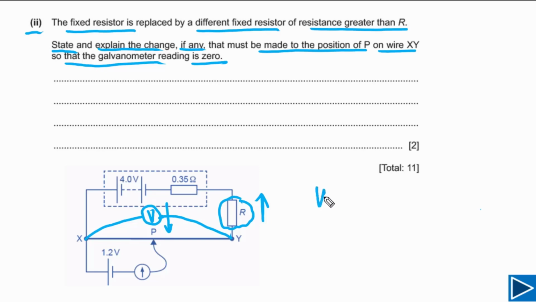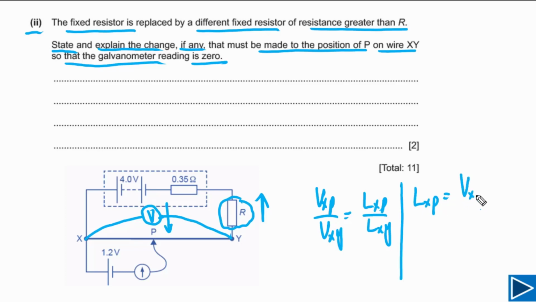We also need to understand that the ratio between Vxp and Vxy is equal to Lxp by Lxy. From here we can write down Lxp will be equal to Vxp times Lxy, divided by Vxy.